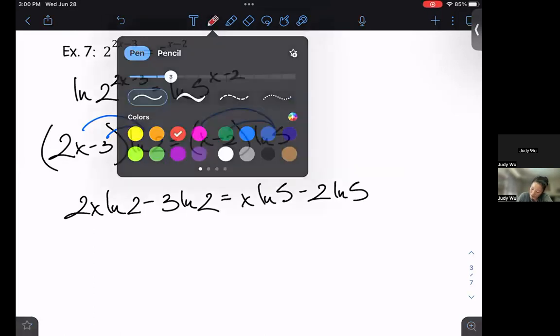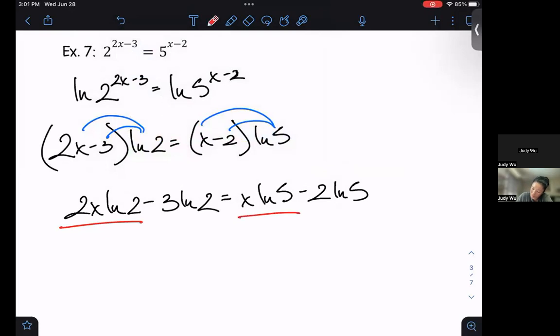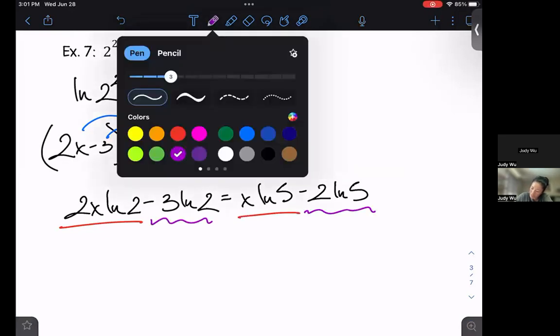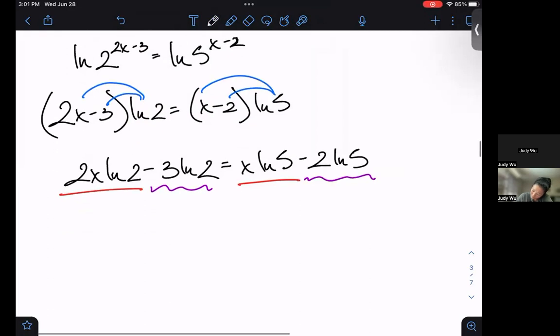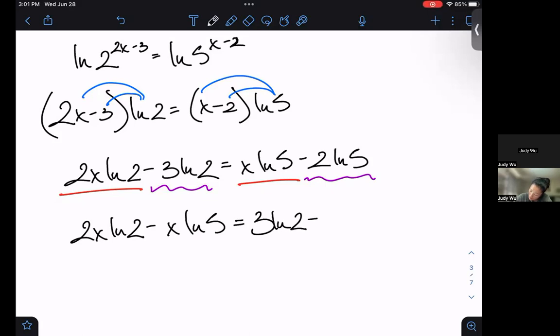I think about the terms with x. I think about the terms without x. And I think I want to clump all the red terms on one side and all the purple terms on the other side so that I can factor out an x. 2x natural log 2 minus x natural log 5 equals 3 natural log 2 minus 2 natural log 5.